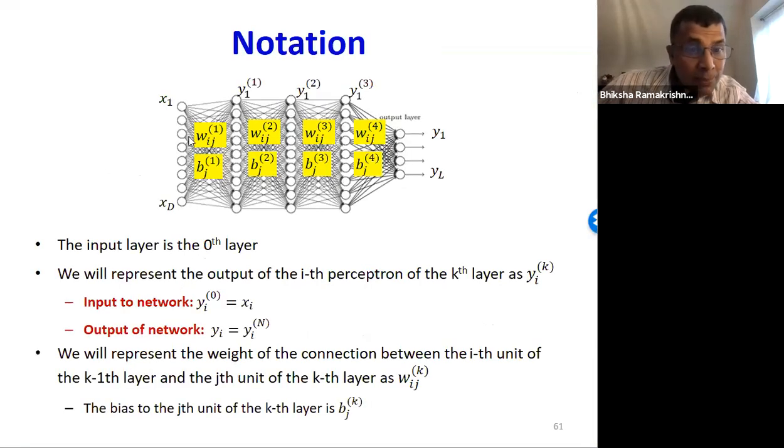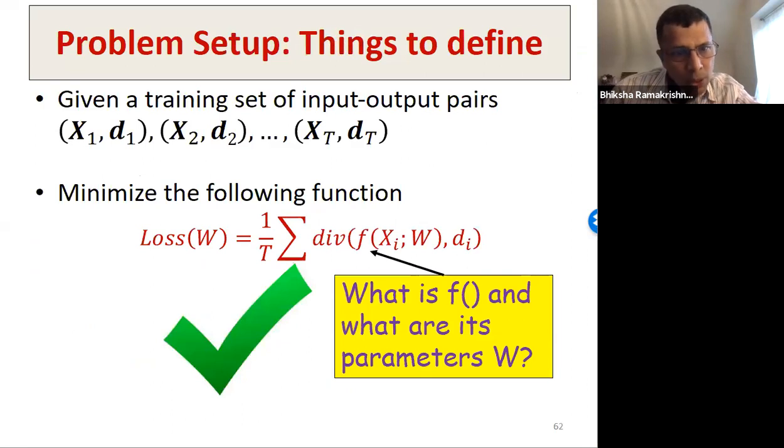Specifically, because the 0th layer is simply the input, y_i^(0) is simply the ith component of the input. And the ith output of the network is simply the ith output of the final layer of the network. This is just setting the notation. We'll revisit it when we go through the math. So what we've done is fully specified the function f.